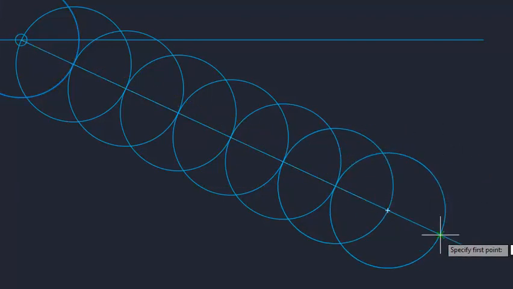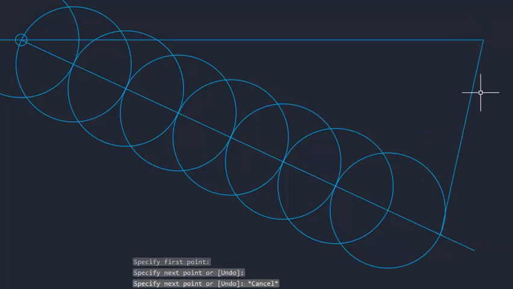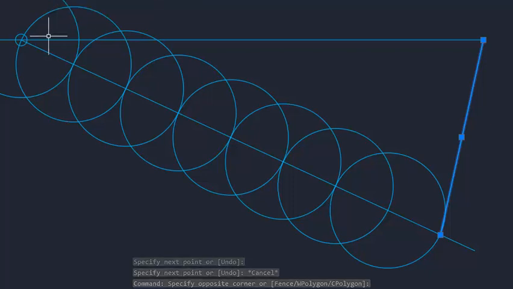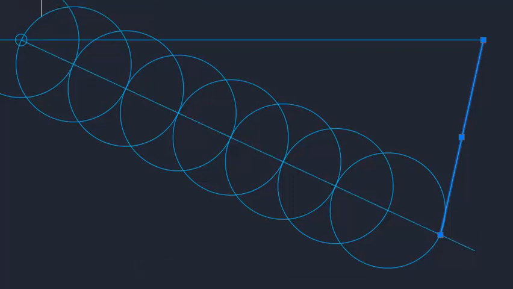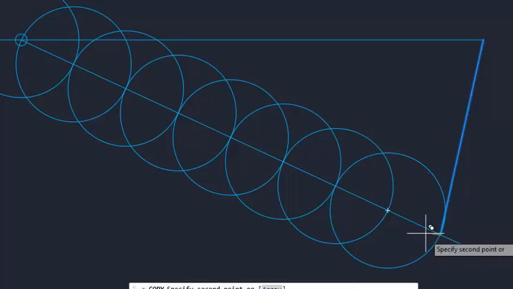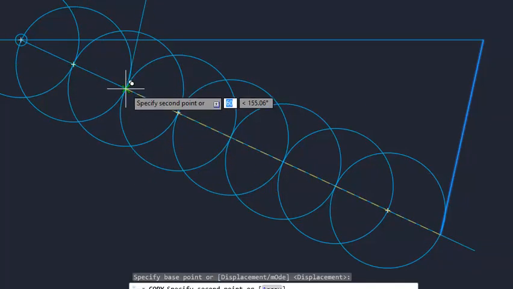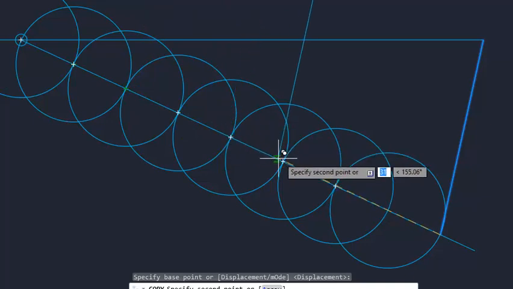Then I join the last one to the last point on the perimeter. Then I count 5 to 3. I count from here, 1, 2, 3, 4, 5.